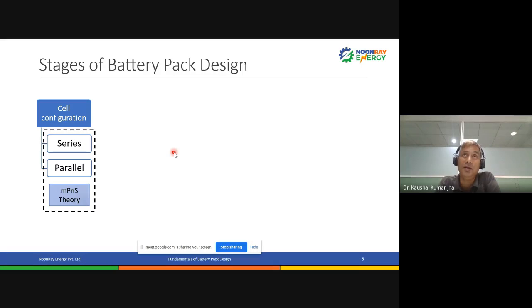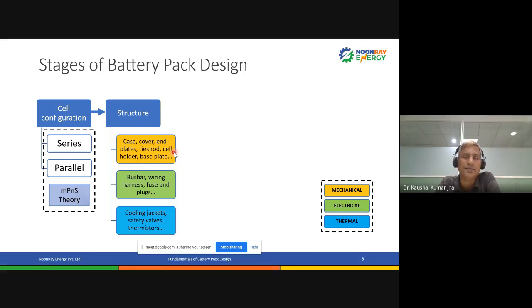Now, if I want a 30 Ah battery and I have a cell which can give 6 Ah or 10 Ah or 14 Ah, divide the Ah by the cell Ah and club together that many cells in parallel. So that is what the series and parallel configuration is. That is what we call MPNS theory. I'll explain it slightly better later on.